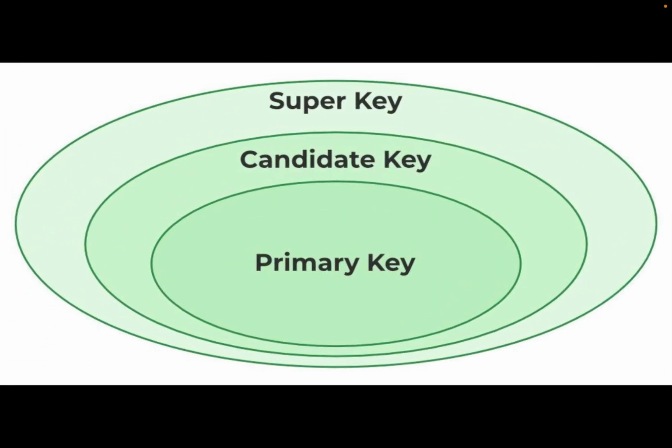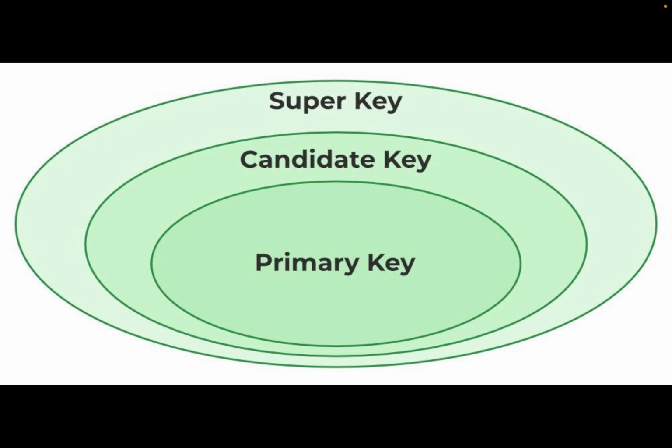What is a primary key? It uniquely identifies each row in a table, right? For example, you are working in a company and you are an employee. What identifies you as a different person? Not your name, because there might be another person with the same name. So they will give you an employee ID that uniquely identifies you from a different person.